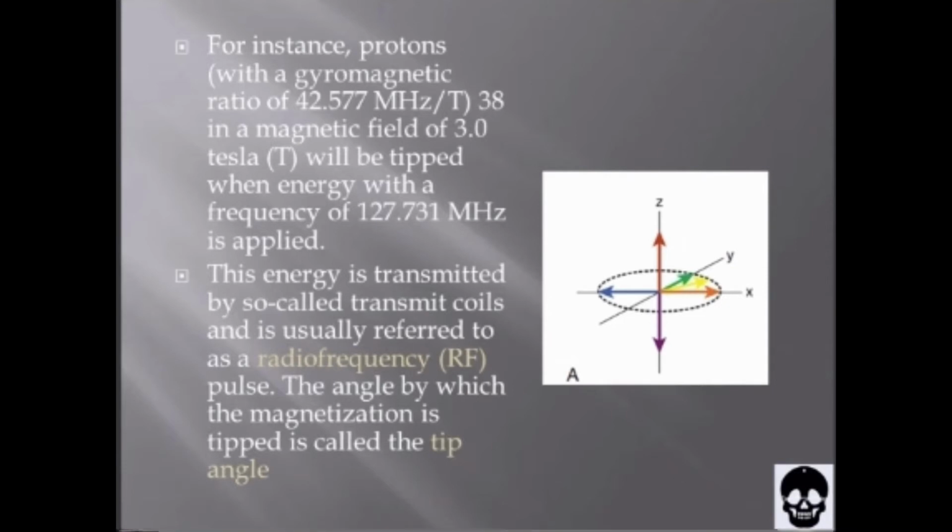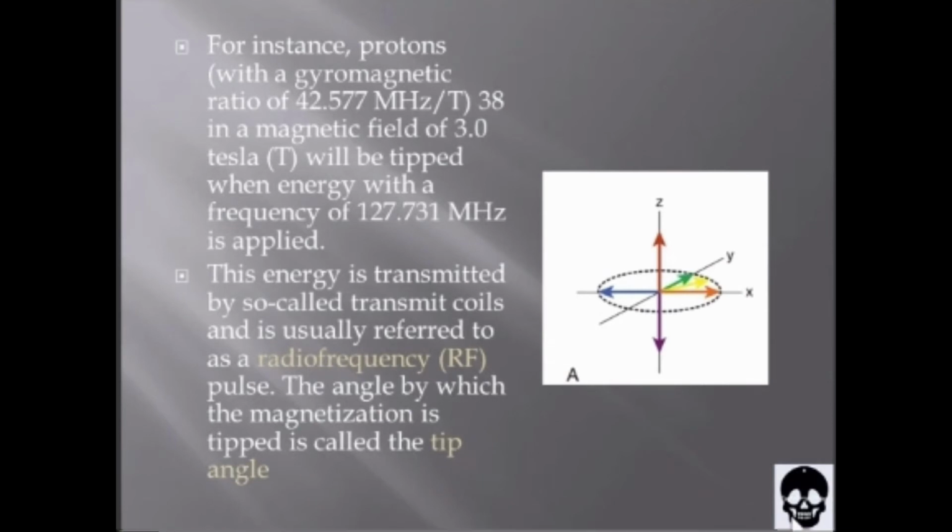Once in the xy plane, the magnetization begins to precess in the x to y plane, first moving between the x and y axes, the yellow arrow, then aligning with the y-axis, the green arrow, and after a longer time pointing in the negative direction along the x-axis, the blue arrow.